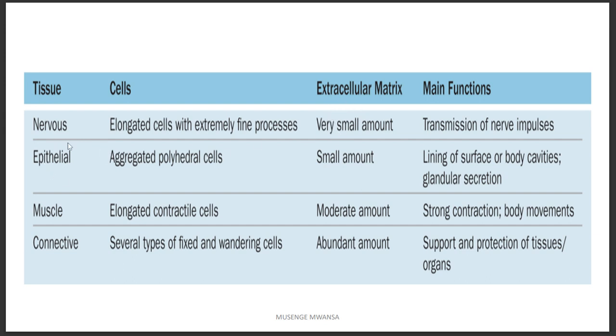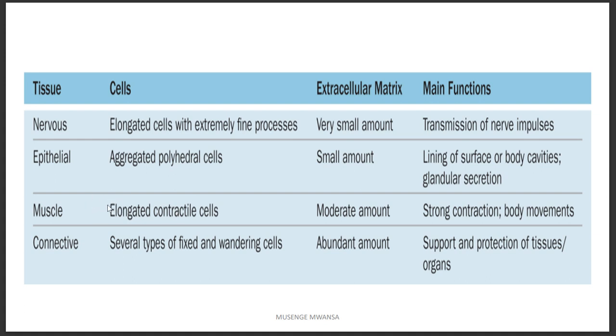We also have epithelial tissue, which is made up of polyhedral cells, meaning cells of different shapes. For the nervous tissue, basically we'll say that the extracellular matrix is not even there because it is very, very small. While the epithelial tissue has a small amount of extracellular matrix.